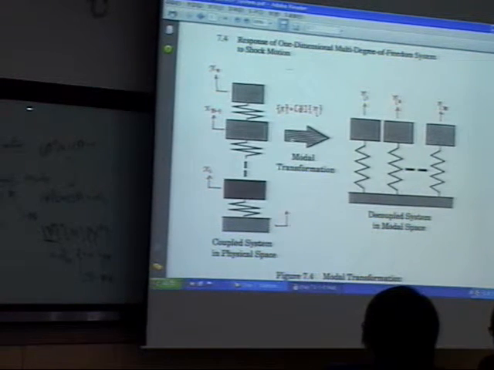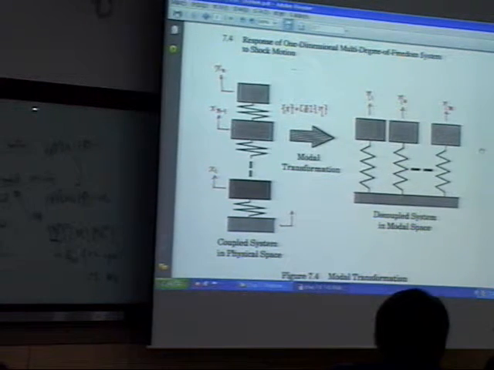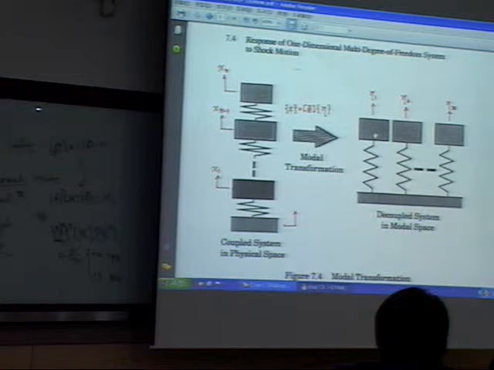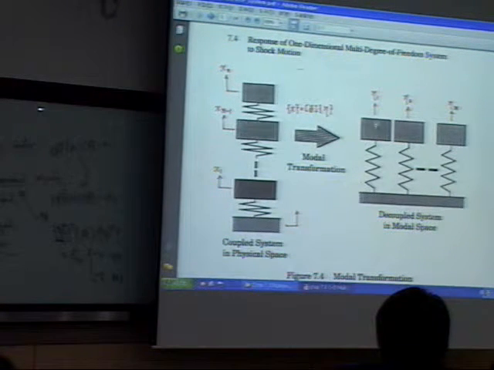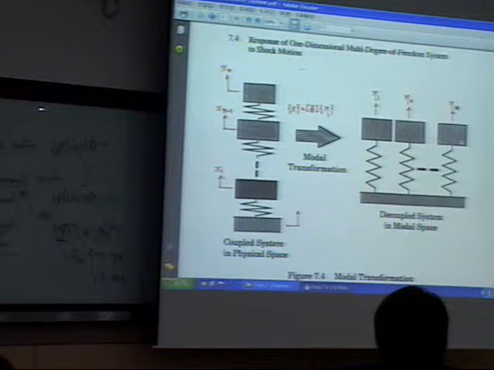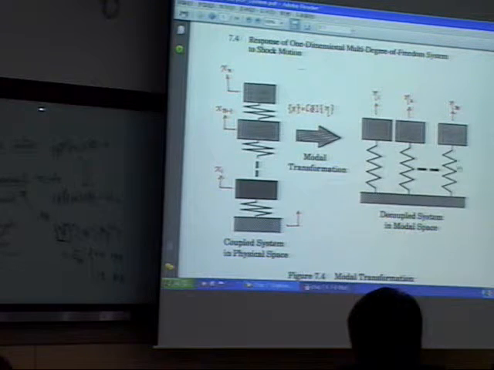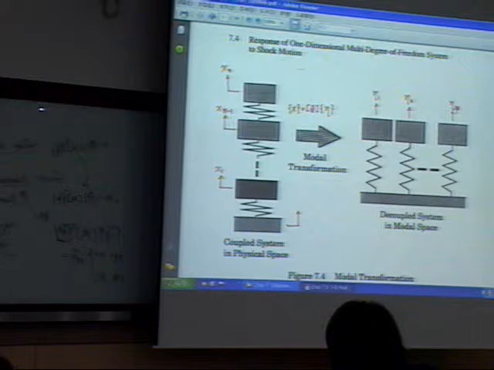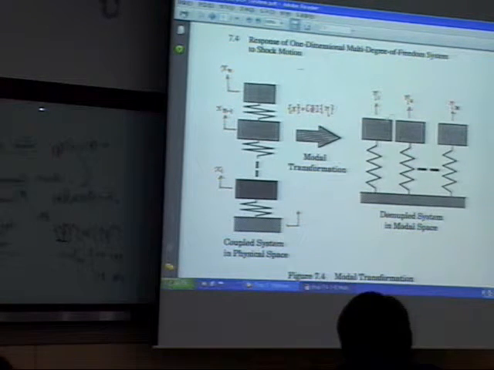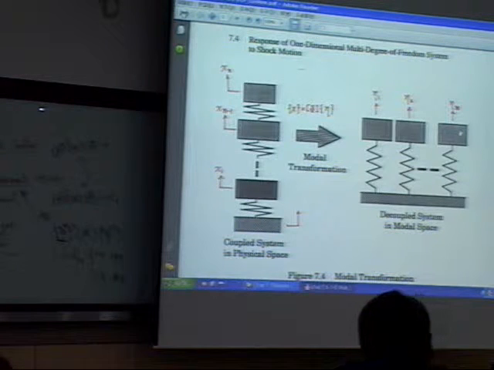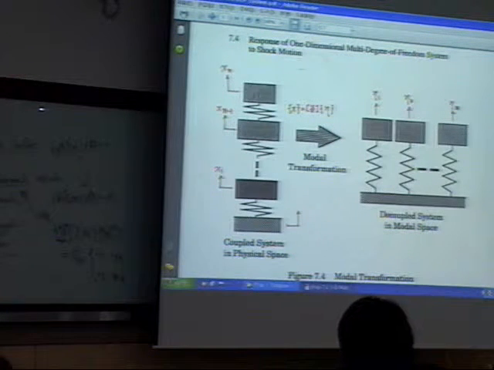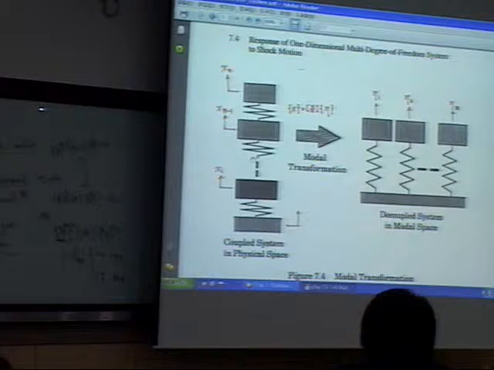When you throw this into the modal space, naturally you can list it out like single degree of freedom models, for eta 1, eta 2, all the way through eta n. So it's a decoupled system, whereas this one is a coupled system.